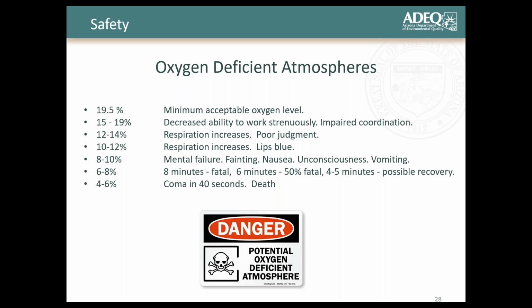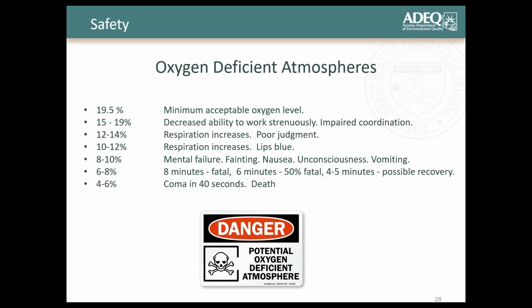If you're in an oxygen deficient atmosphere, 19.5% is considered the minimum acceptable oxygen level. You can read along here with me. At 15 to 19%, you start to have impaired coordination. At 10 to 12%, your lips start turning blue and you start breathing faster.